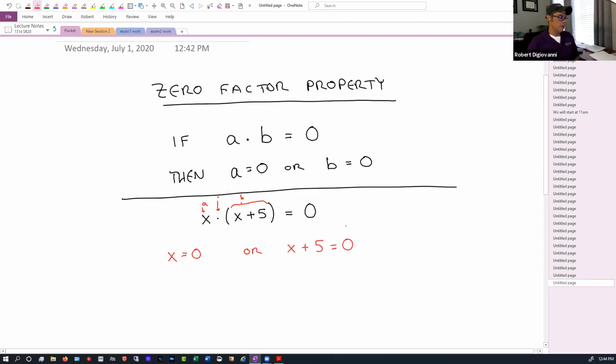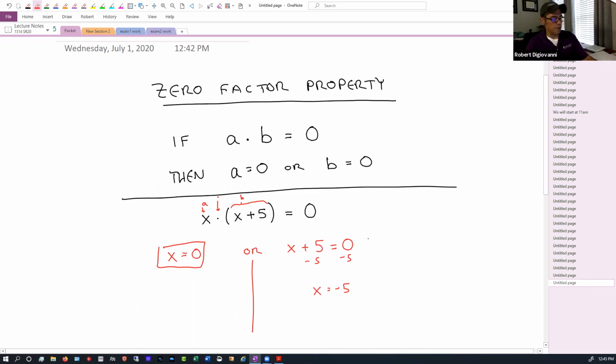So now I have two problems. Either x is 0 or x plus 5 is 0, so I could subtract 5 from both sides, and that tells me x has to be -5.